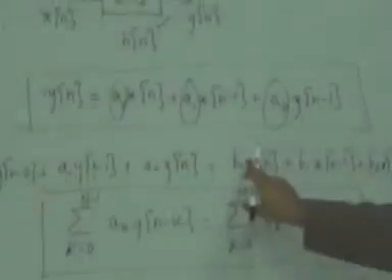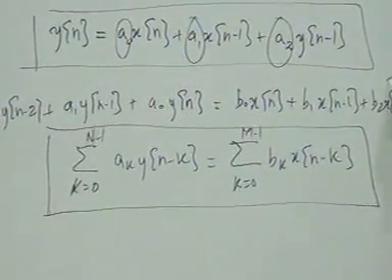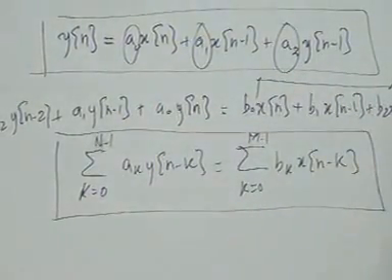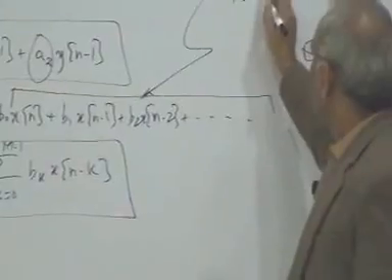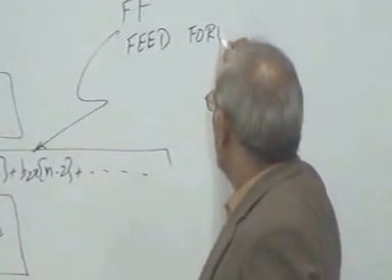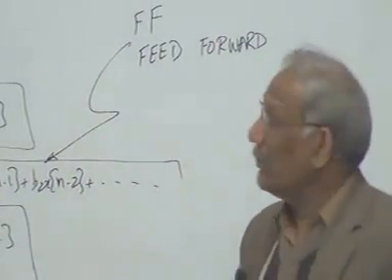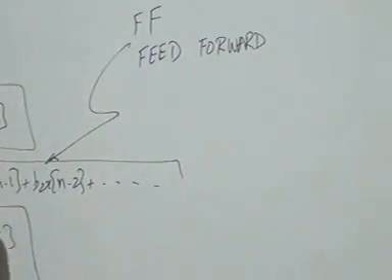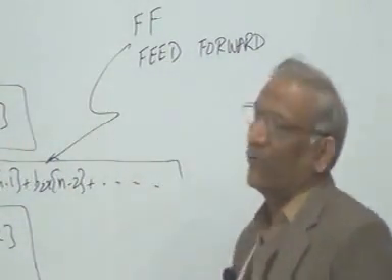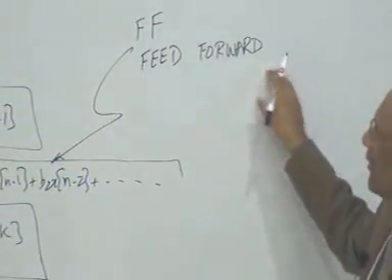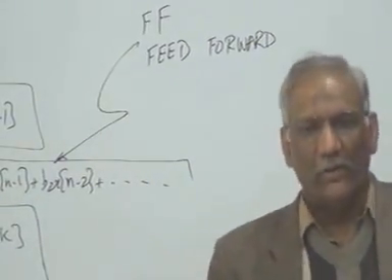All these terms, these x of n minus 1, x of n minus 2, we have a name for these terms. We call them the feed forward terms. Why do we call them feed forward terms? If you see this diagram, inputs are coming from this side and going towards the right. So it is feed forward. That's why we have given the name feed forward terms to all the x terms, whether present or past.